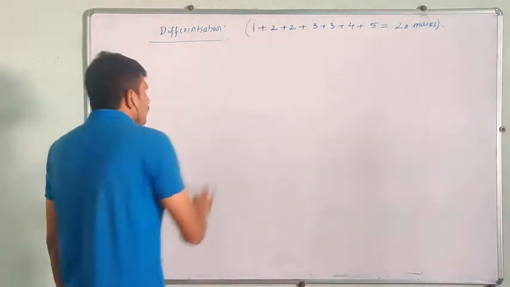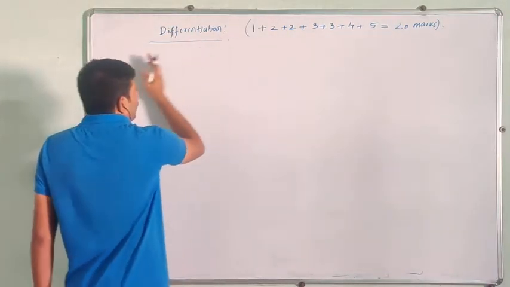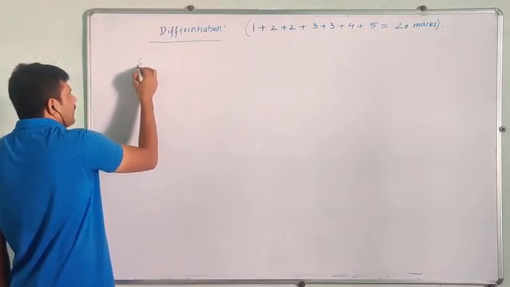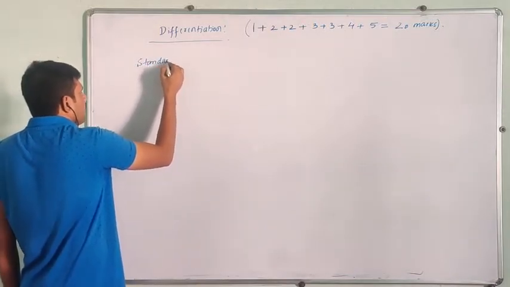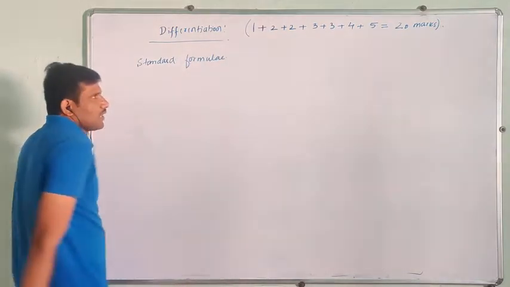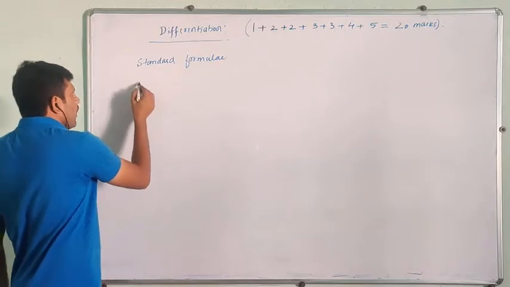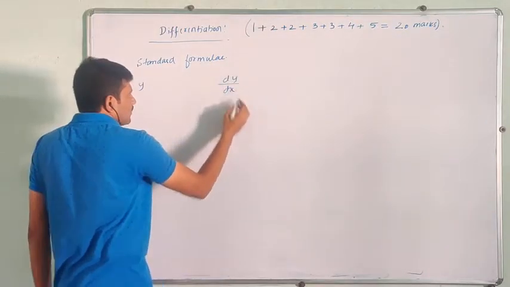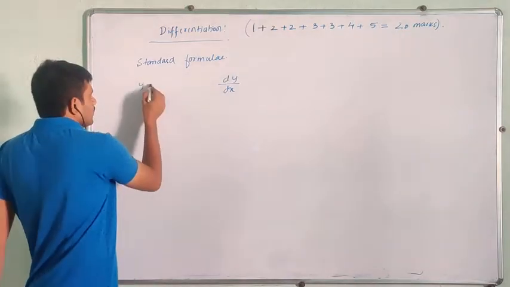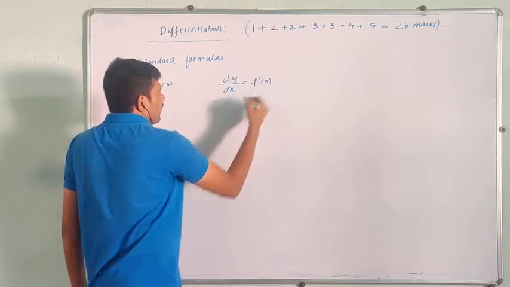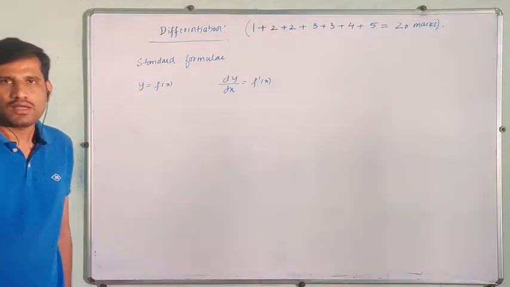Before going to differentiation, first we see the standard formulas. Everybody should remember these formulas. The derivative of any function y equal to f of x is represented by dy by dx or f dash of x.